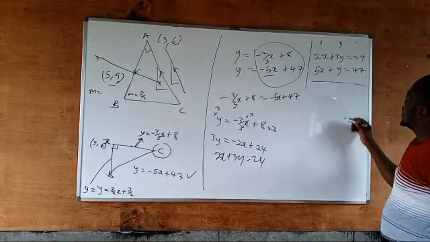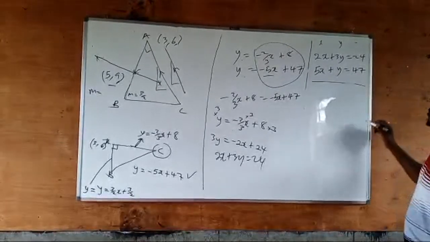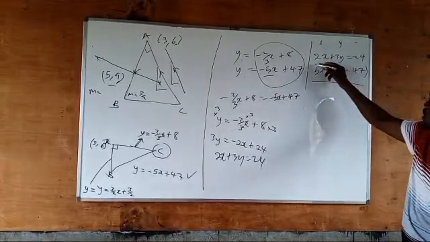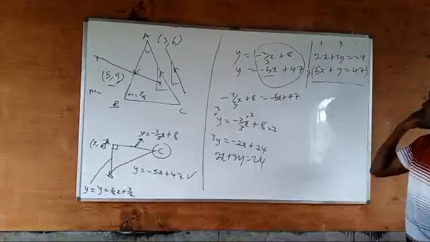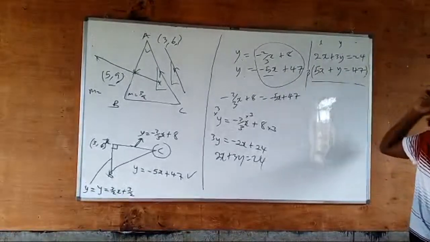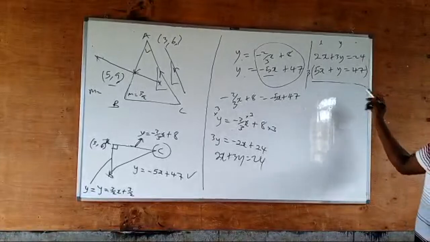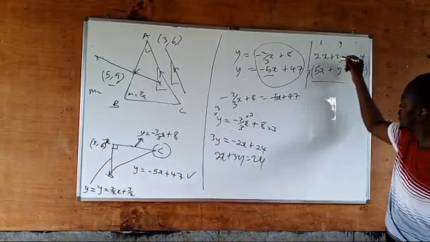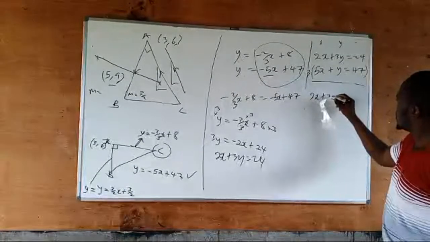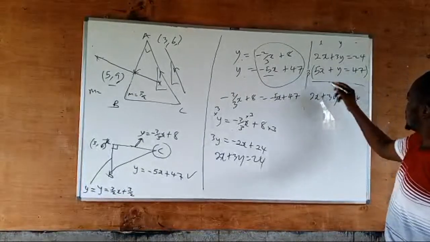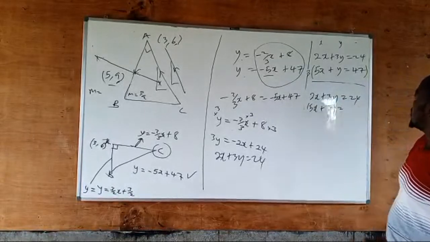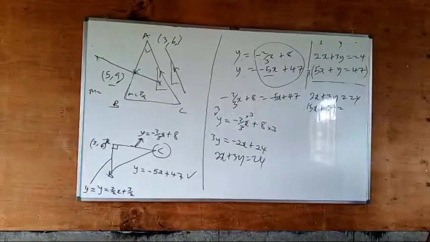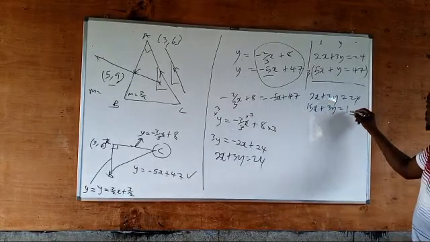Now solve. You can multiply this one by 3, the whole of this fraction, so that it matches y. I saw some people who multiply the bottom only multiply the top, not all of it. So you multiply by 3 and it ends. So you copy this 2x plus 3y equals to 24, and this is 15x plus 3y equals to 47 times 3. 50 minus 9, 141.